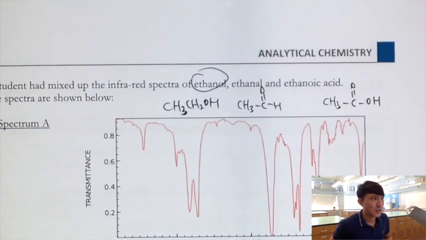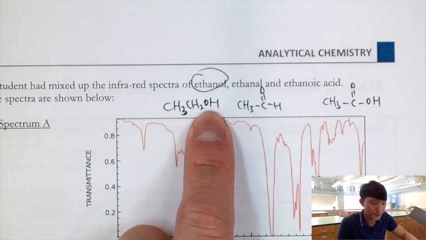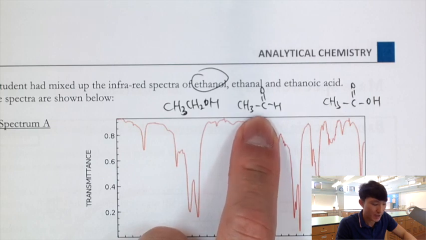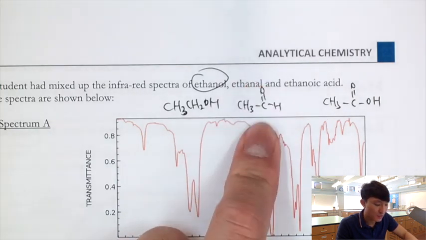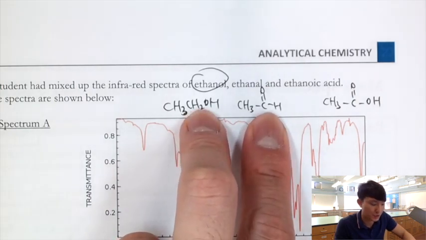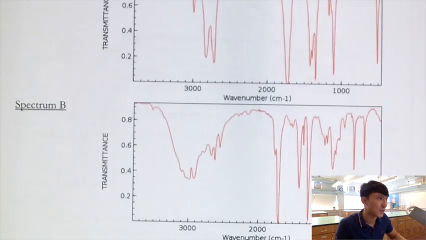So, of course, you can tell ethanol will only have the OH, and the ethanal will only have the C=O double bond. So, we are basically making use of these structural features to distinguish which one is which. So, from the graph here, you can tell.